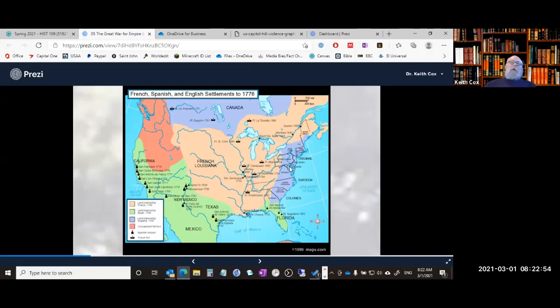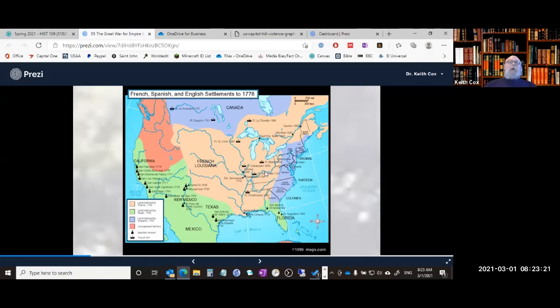So the idea would be that Pennsylvania goes all the way to California, and Virginia goes all the way to California, although they didn't really know how extensive that was. There was a lot of this that wasn't really known at the time. The point here is that people in Pennsylvania or in Virginia could say, well, we want this land, and the king gave it to us.